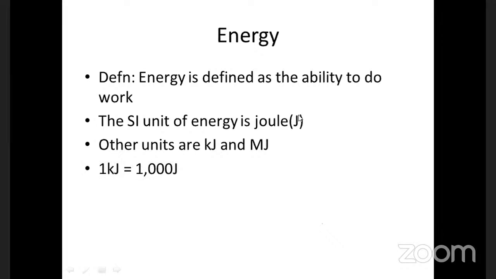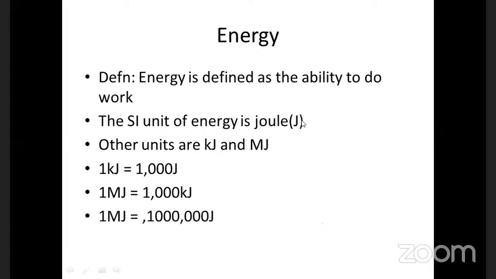Now these relationships are here. 1 kilojoule is equal to 1,000 joules. Then 1 megajoule is equal to 1,000 kilojoules. And 1 megajoule is equal to 1 million joules.